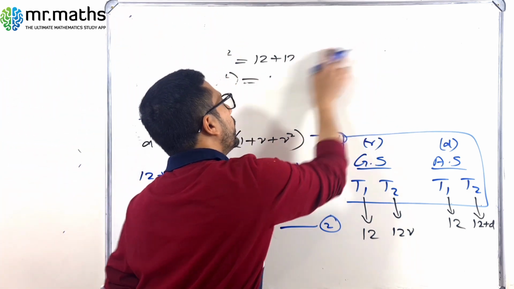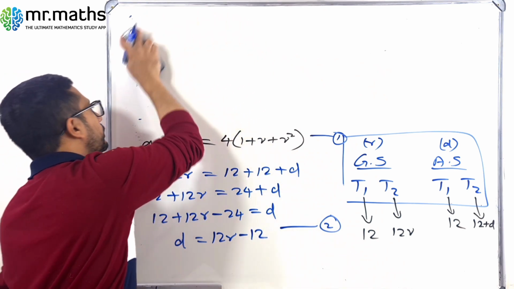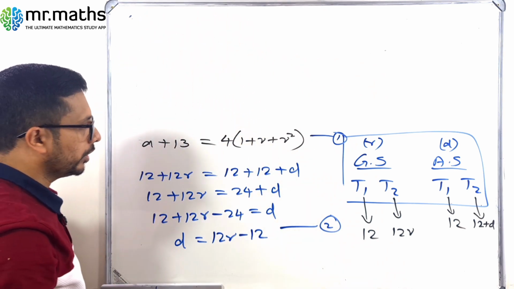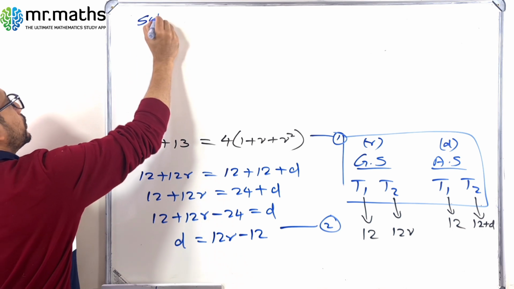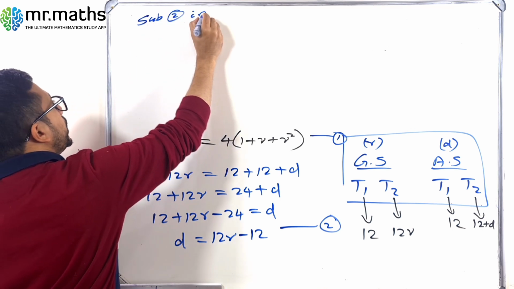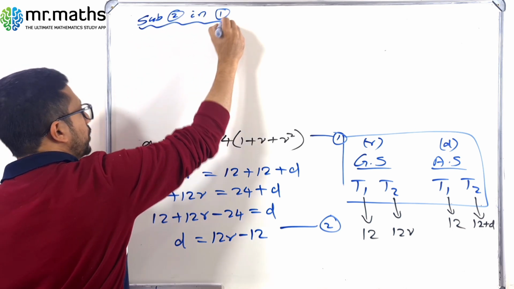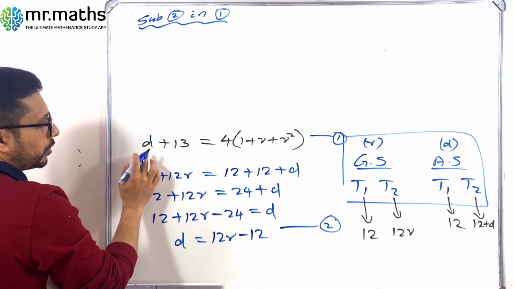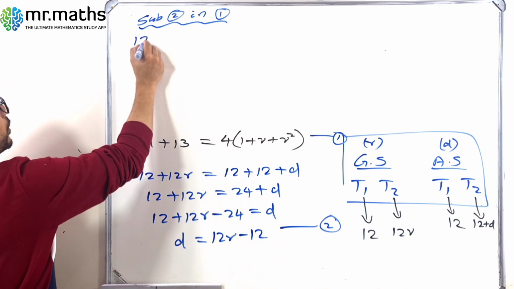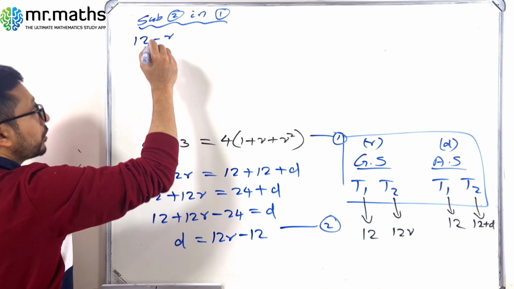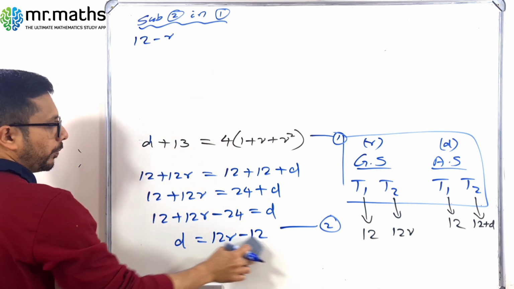So substitute equation number 2 in equation number 1. So what is that one? This is d. So d plus 13, what is d? Sorry, not 12 minus r, 12r minus 12.